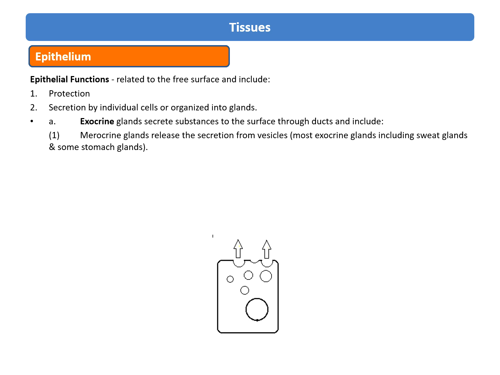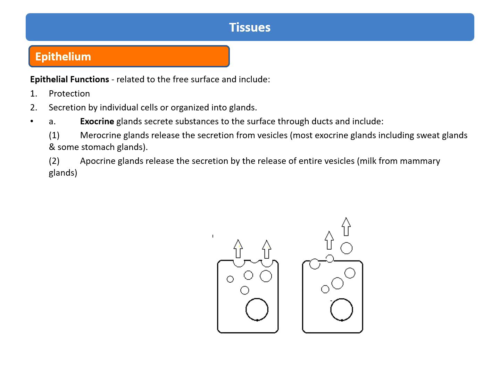Epithelial functions are related to the free surface and include protection, secretion by individual cells or organized into glands. For example, exocrine glands secrete substances to the surface through ducts. They include merocrine glands that release the secretion from vesicles.